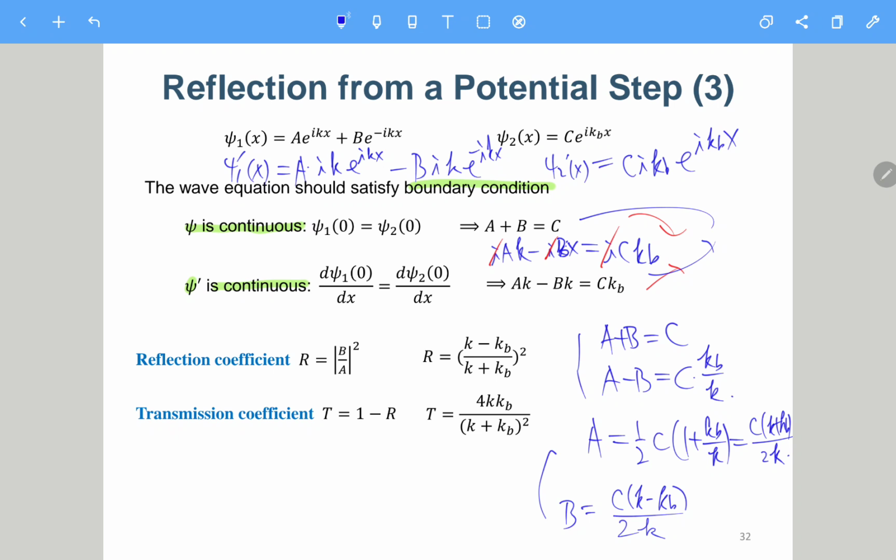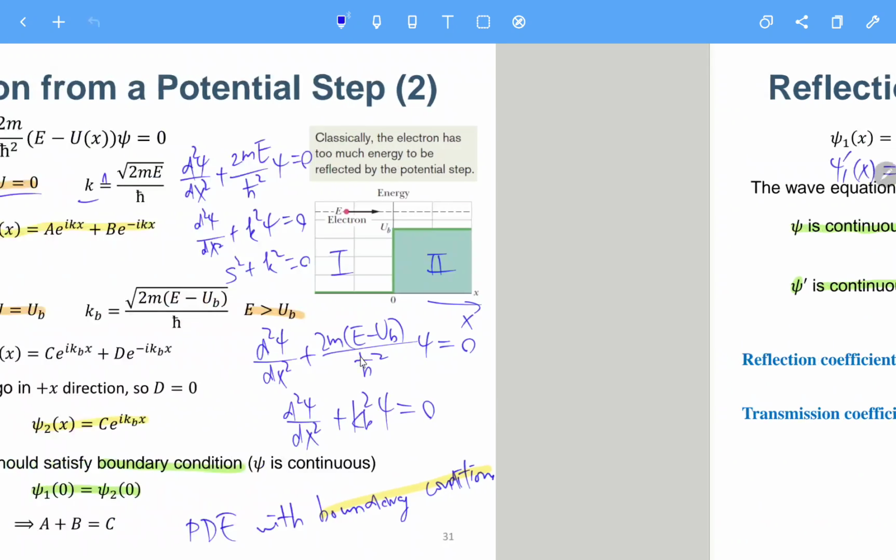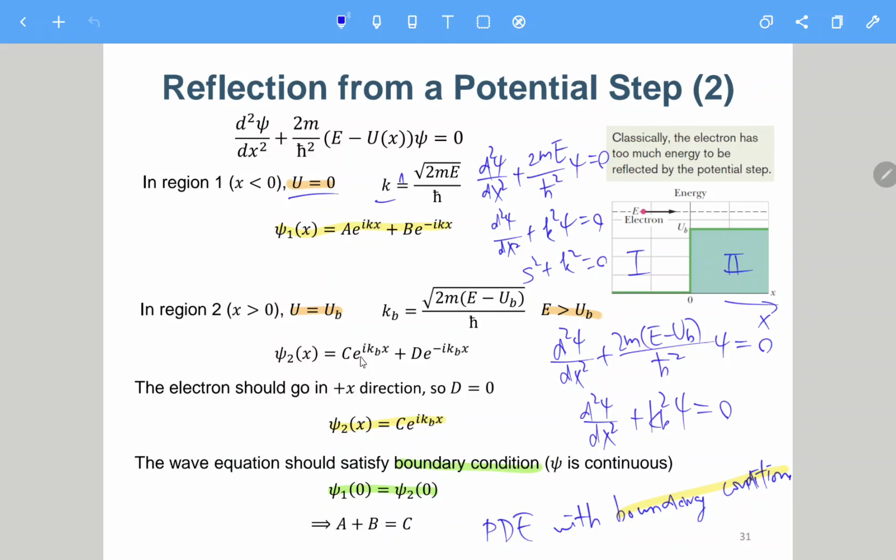Okay. So the refraction coefficient is something like b squared over a squared, because if you consider here, A exponential to ikx is propagating to the right side.